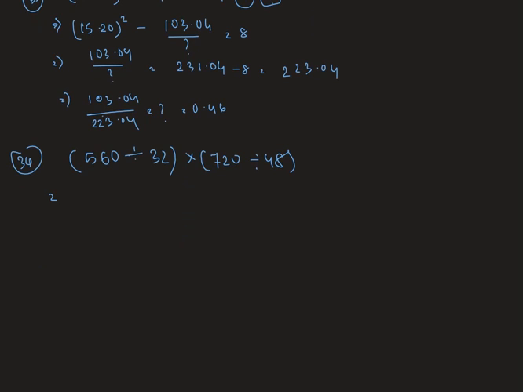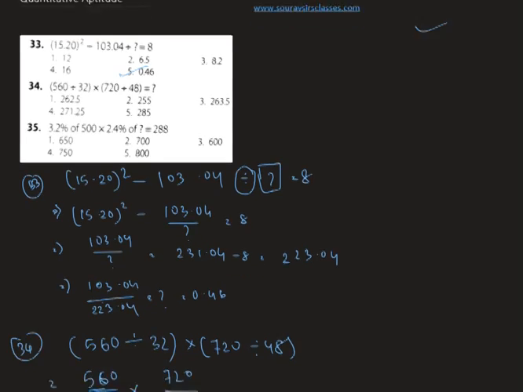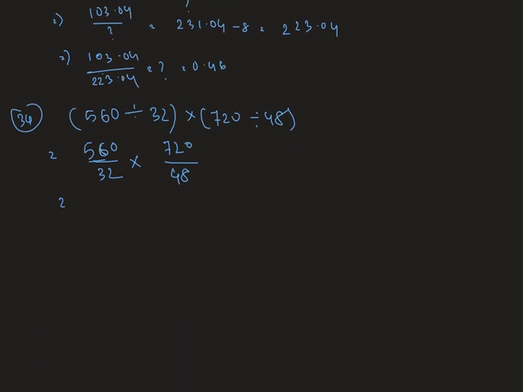Okay, so first of all, by the preference we have to do the division first, then comes the multiplication. 560 divided by 32 means 17.5, and 720 divided by 48 means 15, and after completing this multiplication we get 262.5.